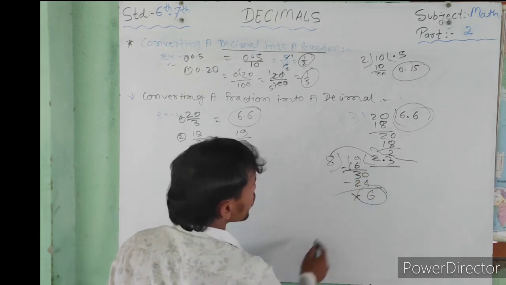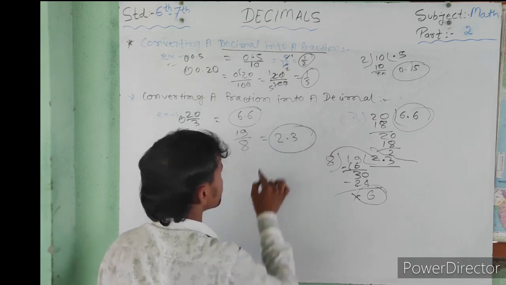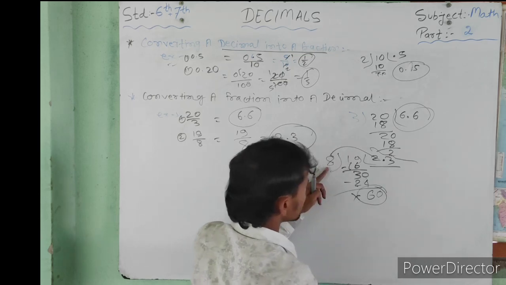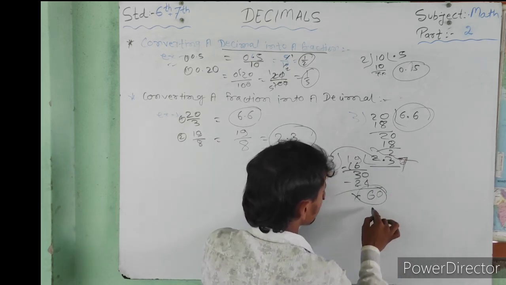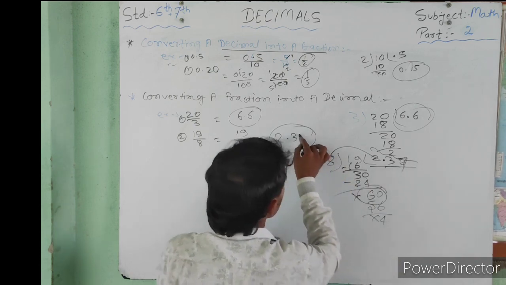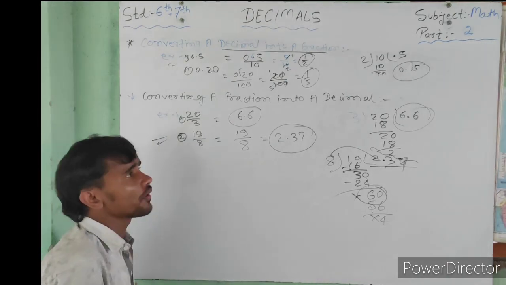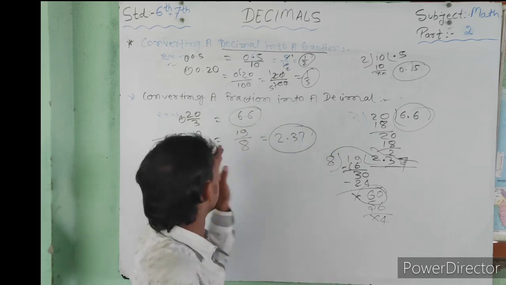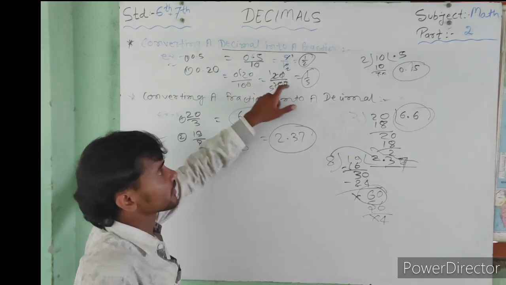So your answer is about 2.3, and so on, 2.37. That is the form of converting a fraction into a decimal. That is a fraction and that is the decimal, and that is your decimal and that is the fraction.